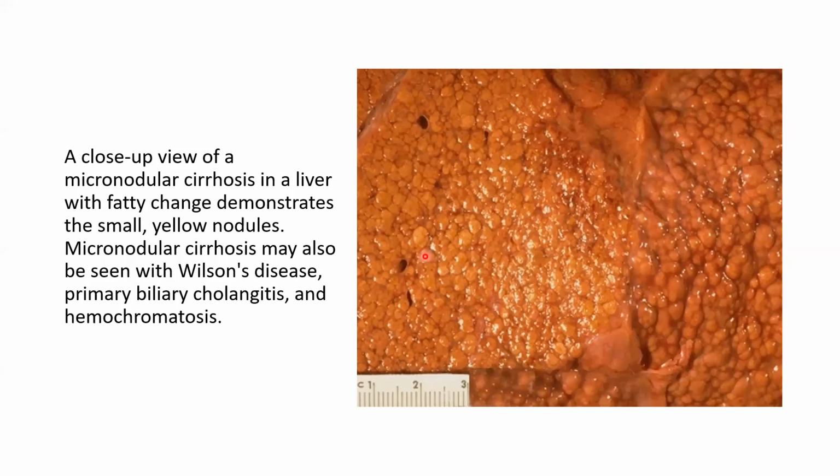Fibrosis causes a depression on the surface of the liver, and the regenerative nodules appear like circles, like grains. Okay. For micronodular cirrhosis, other etiological factors other than alcoholism are primary biliary cholangitis, hemochromatosis, and Wilson's disease.